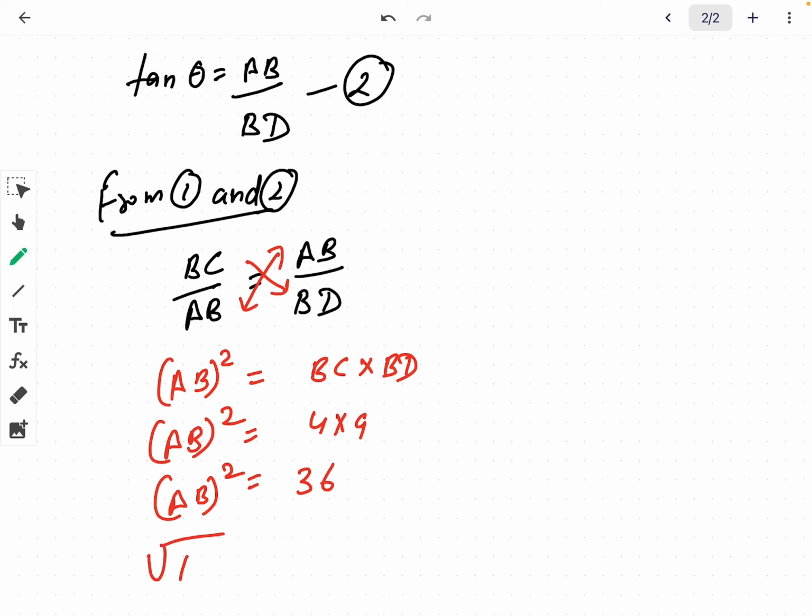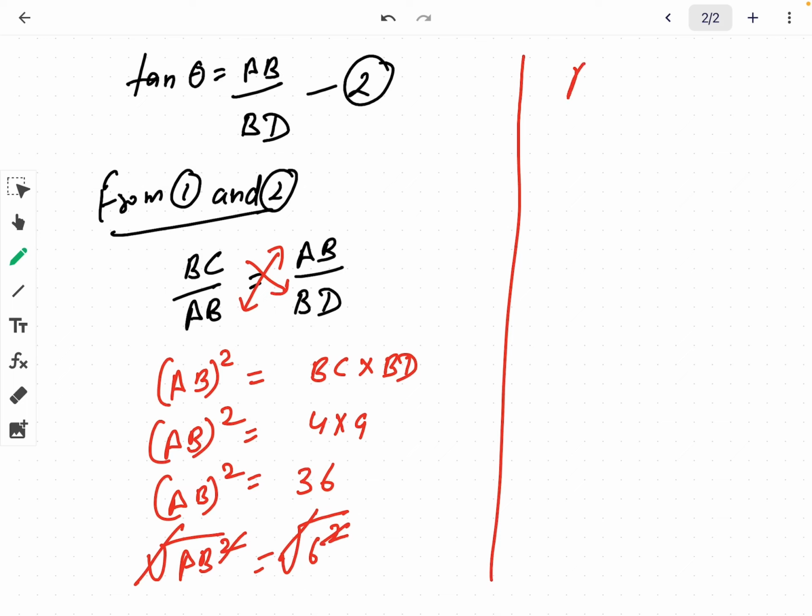So taking the square root, the square and square root cancel, and 6 square, square root to square cancel. So AB is coming 6 meter, and that is what we have to prove, that AB is equal to 6 meter.